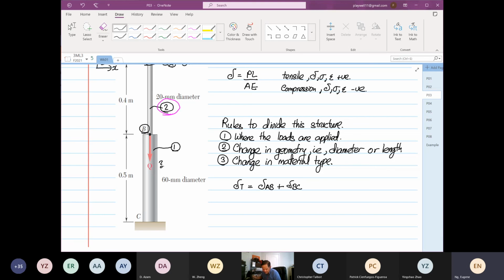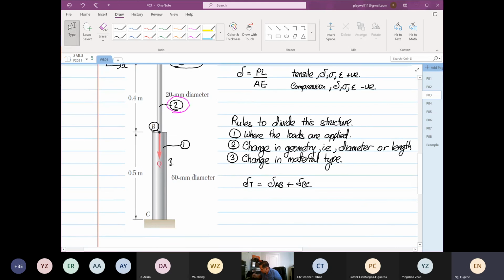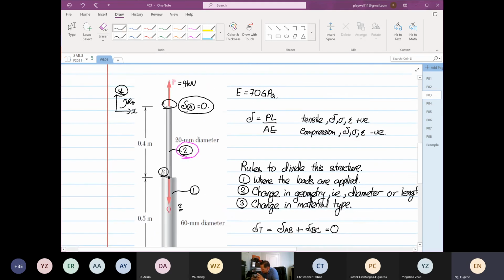But based on the condition that we are given, i.e. deflection of A is equal to 0, for this problem our total deflection must be equal to 0. However, the load of 4 kilonewton has to be there, and we have to find what is the load Q applied at point B.